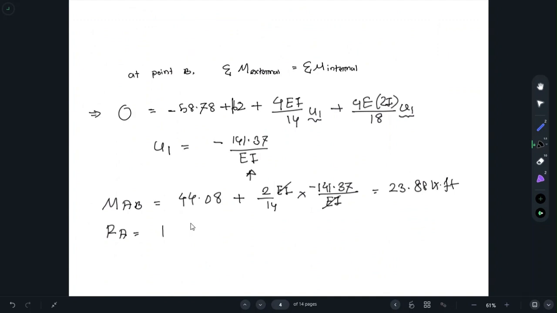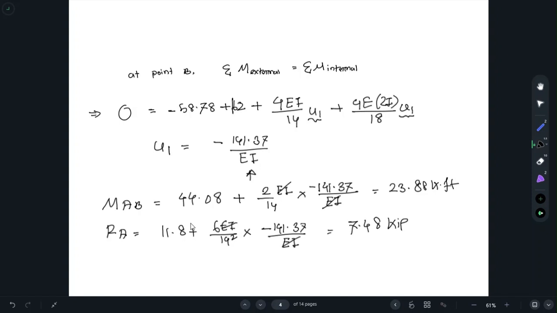That is 11.8 plus 6EI over 14 squared multiplied by minus 141.37 over EI. These two will cancel each other, and we'll get a reaction of, if I'm not wrong, 7.48 kip.